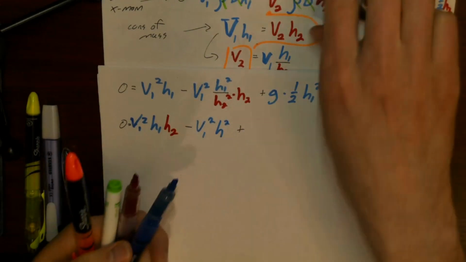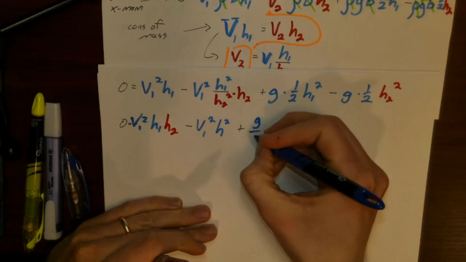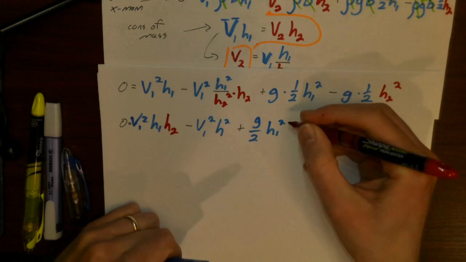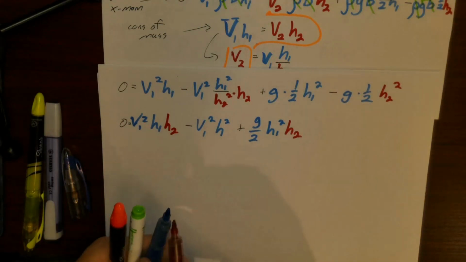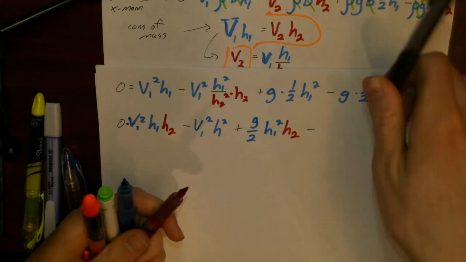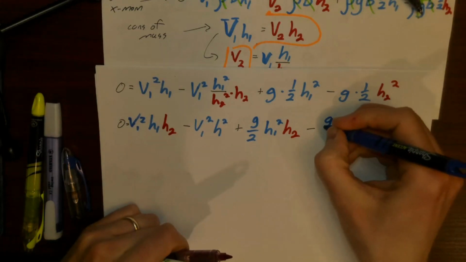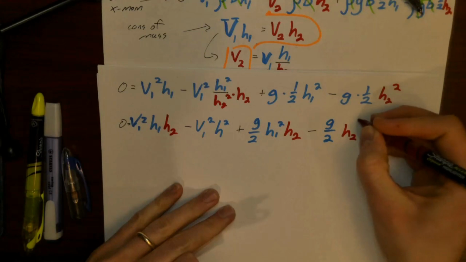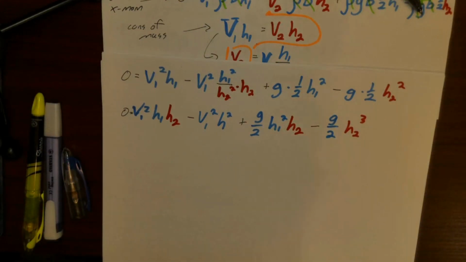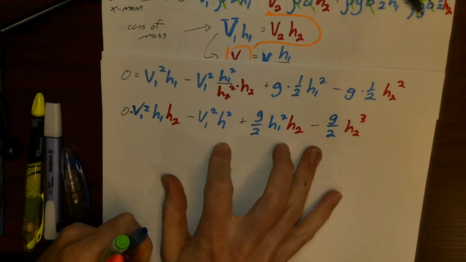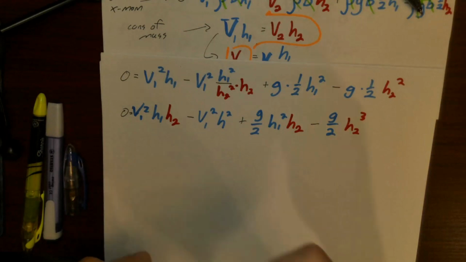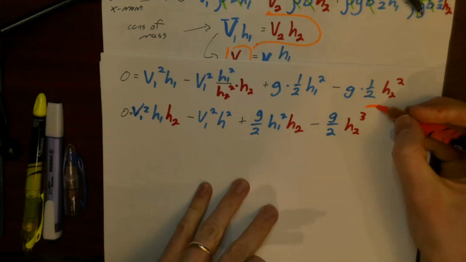Then we'd have plus G over 2 H1 squared H2. Again, we're multiplying everything by H2. And then we'd have a minus G over 2 H2 cubed. And if you're like me, you might look at this and be like, oh, yikes, how do I even solve this equation? So let me give you a little pro tip. You can plug this into Wolfram Alpha.